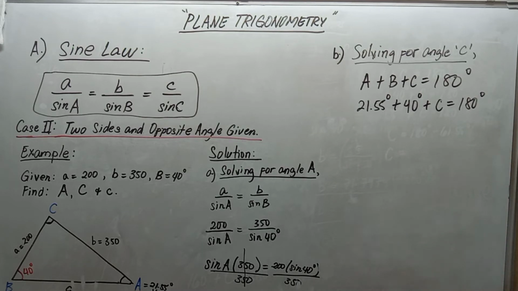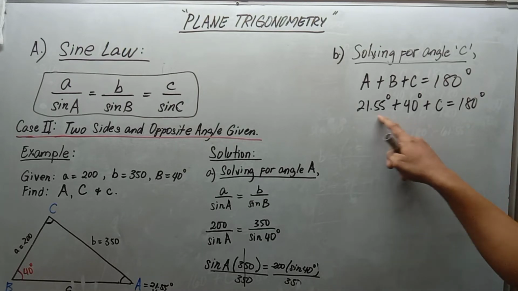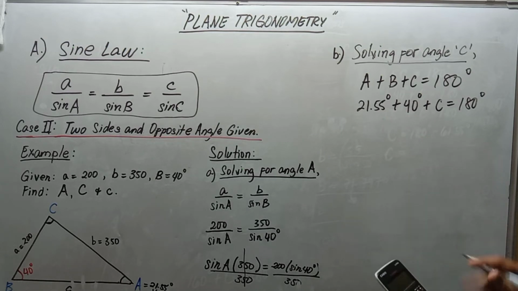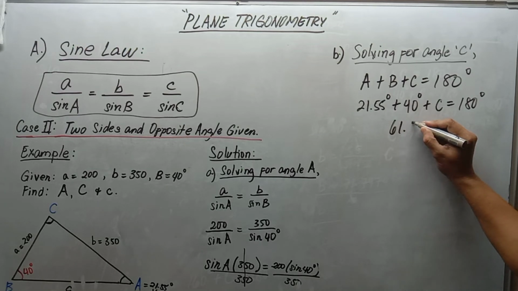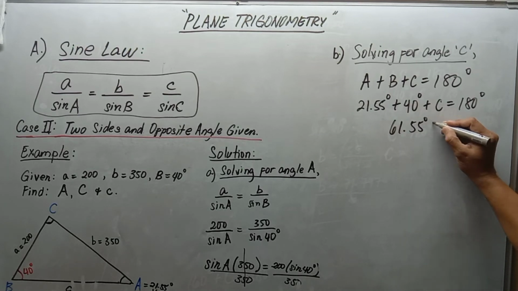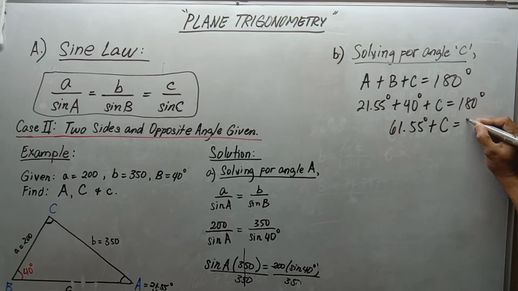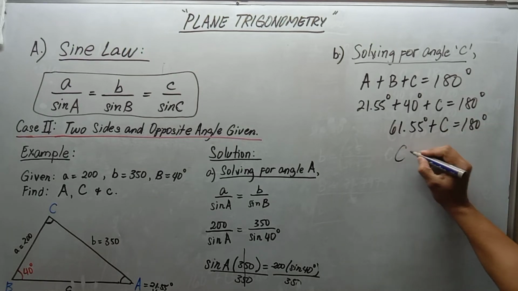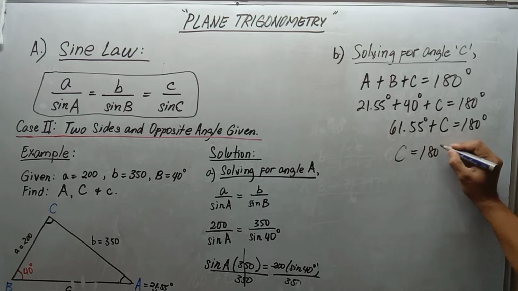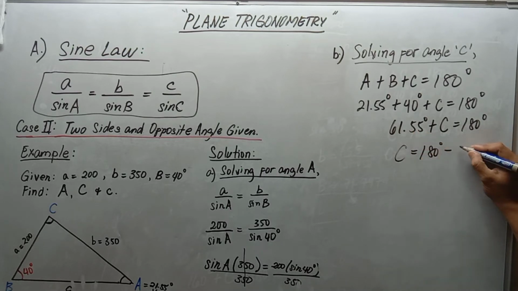So we will add these two values, guys. 21.55 plus 40 equals 61.55 degrees. Plus angle C is equal to 180. So angle C is equal to 180 minus 61.55.